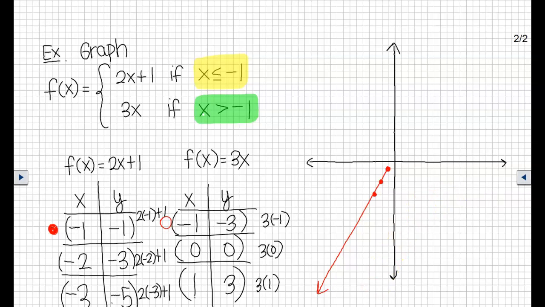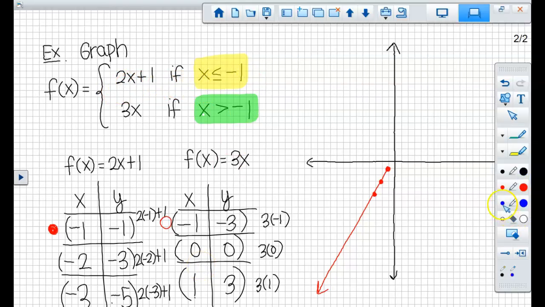If I were to keep plugging in x values, this piece of this line would continue to fill up and would continue on. So that red is the graph for piece 1 of this function, for this rule when x is less than or equal to -1. All right, now I'm going to switch to a blue marker for piece number 2.